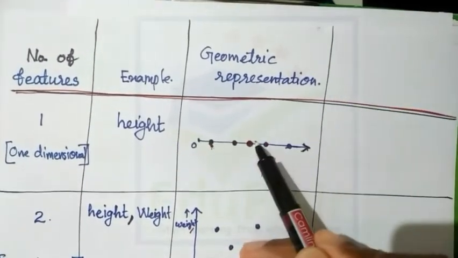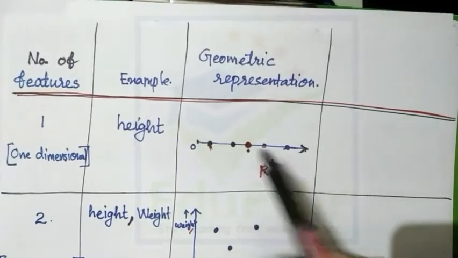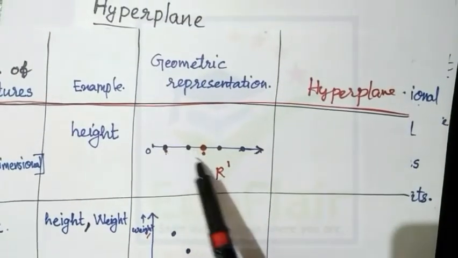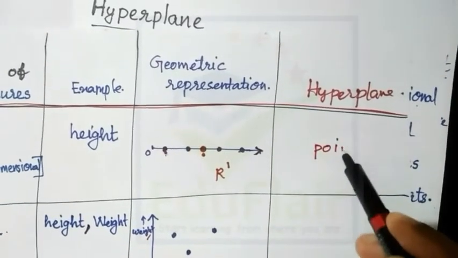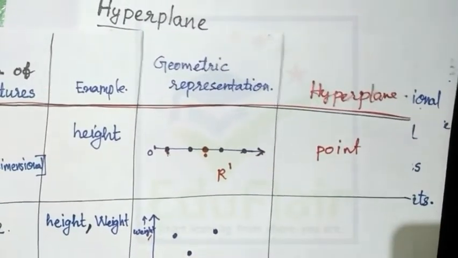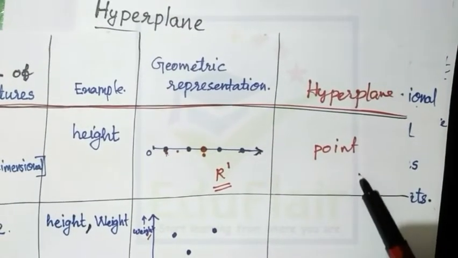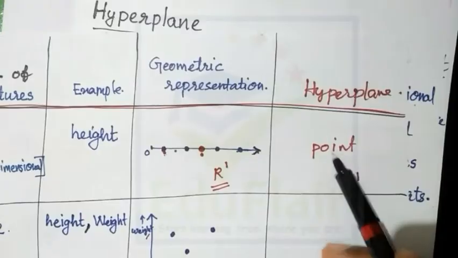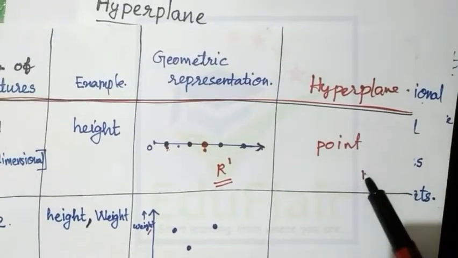Okay, that is, if we want to separate a line, we need a point. So in 1 dimensional data space, point is a hyperplane. That is, to separate data in r raised to 1 space, we need a point. So point is a 0 dimensional.